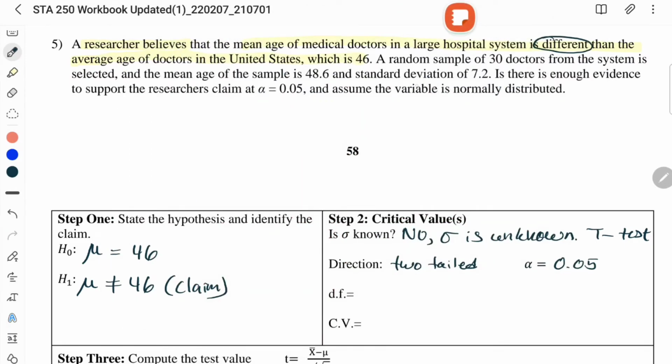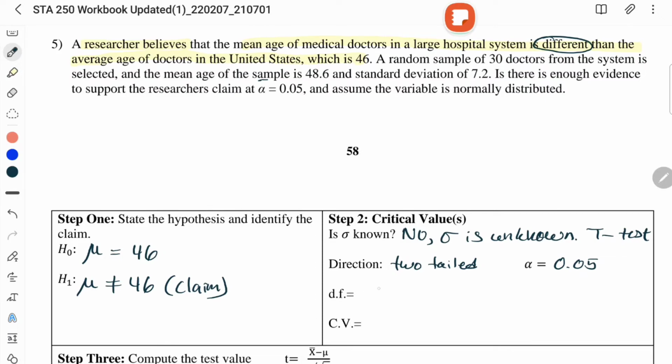And if you look here, a random sample of 30 doctors had a mean age of the sample of 48.6 and a sample standard deviation of 7.2. The standard deviation is mentioned in the same sentence as the sample. Therefore, it is a t-test, and we must find our degrees of freedom before we find our critical values.